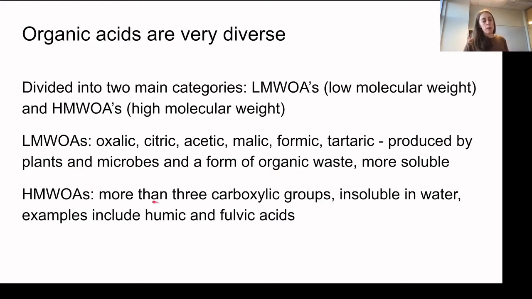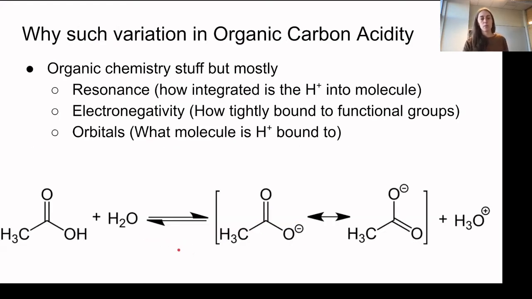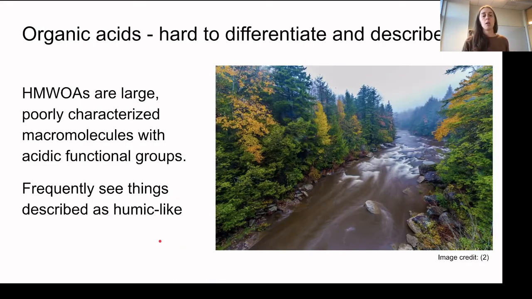And then the way we define a high molecular weight organic acid is one that has more than 3 carboxylic groups. These are typically insoluble in water, and these are typically things like humic and fulvic acid. You may have heard of humic and fulvic acids before, and probably the place where you've heard of them is blackwater rivers.